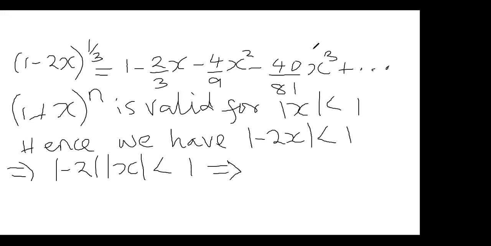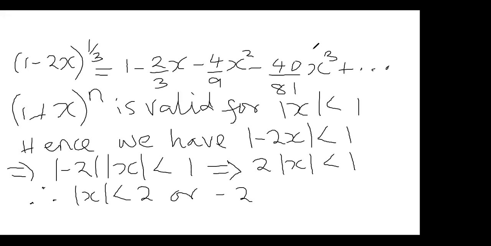This will now give us 2. 2 times the absolute value of x is less than 1. Therefore, the values are the absolute value of x less than 2. You can even write it as -2 less than x less than 2. So the expansion is only valid in that interval. Negative 2 and 2.